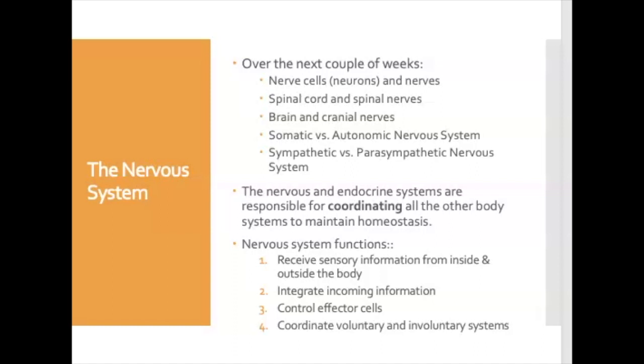It has to integrate all of that information. It has to then control the output, the response to that incoming information by controlling the effector cells. And it has to coordinate the actions of both the voluntary and involuntary sides of the nervous system.